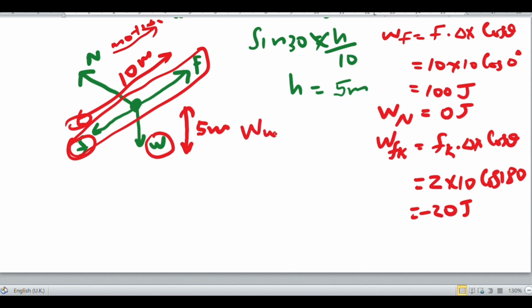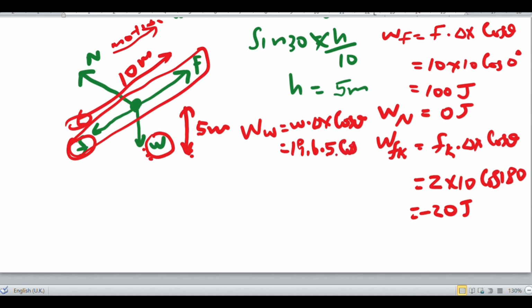It will be W delta x cos theta. The weight was calculated before, it was 19,6, times the displacement that goes with the weight, which is the height. Always calculate the height, it will be easy. The height is 5.